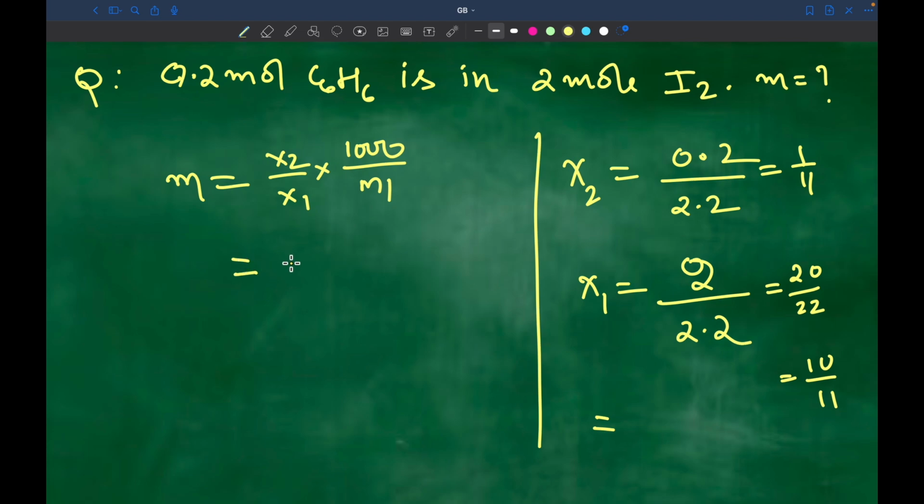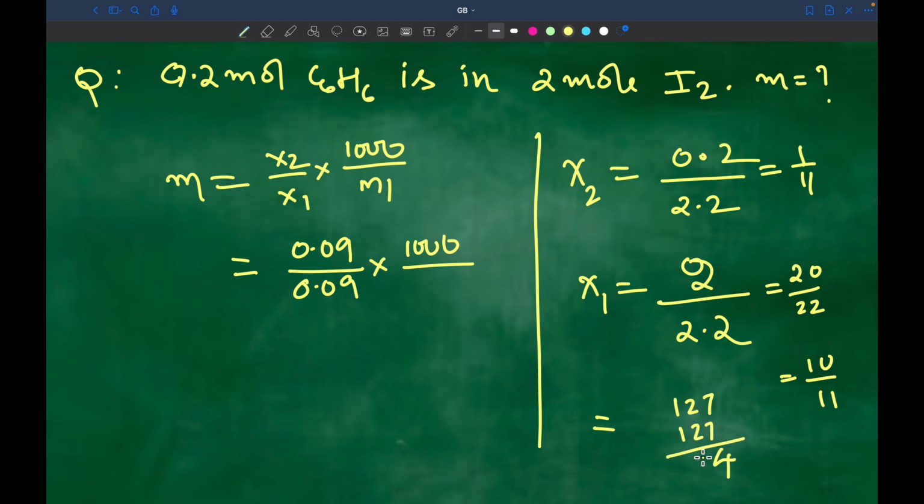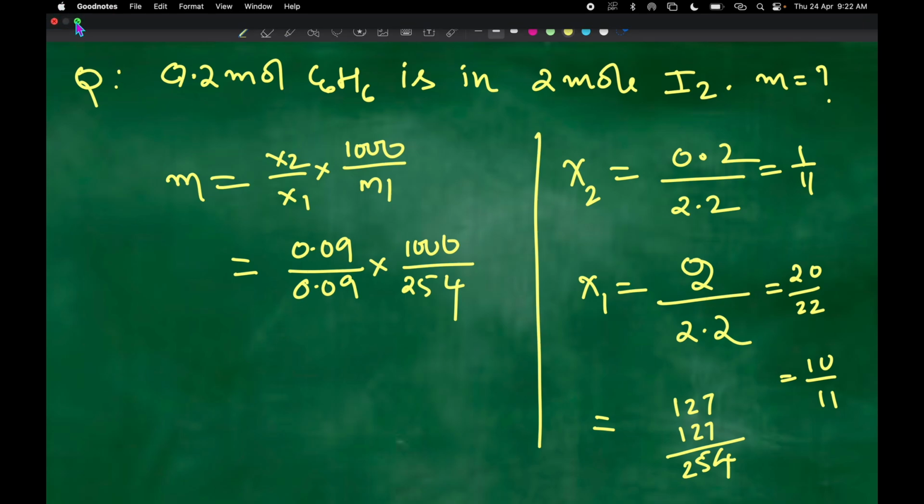My x2 is 0.09 over x1, 10 by 11, so 0.09 into 1000 by the iodine molar mass. Iodine is 127 plus 127, so this goes 1452 over 254. So we solve this, then we'll get the answer for the question.